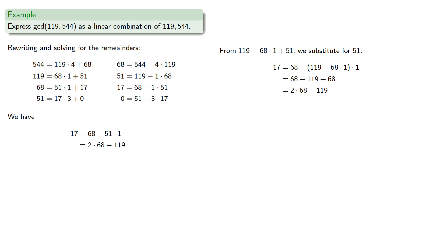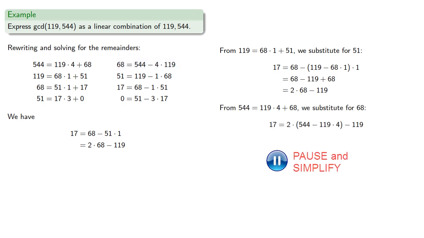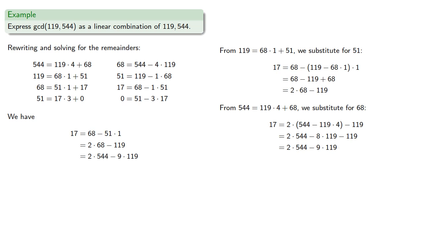And now I have 17 as a linear combination of 68 and 119. But I know what 68 is as a linear combination, so I'll replace and simplify. And that gives me 17 as a linear combination of 544 and 119.